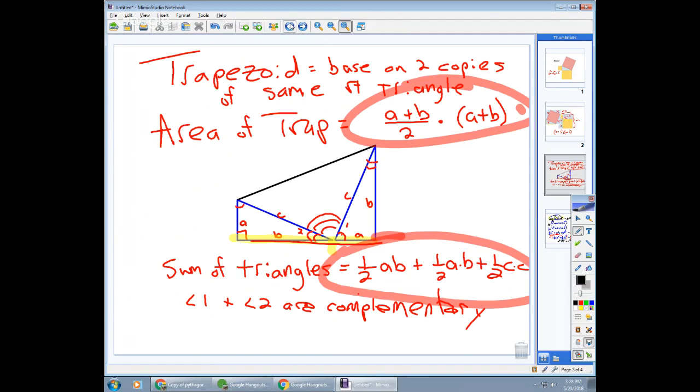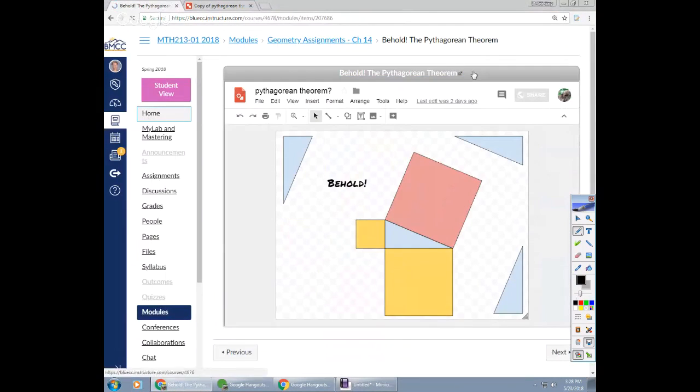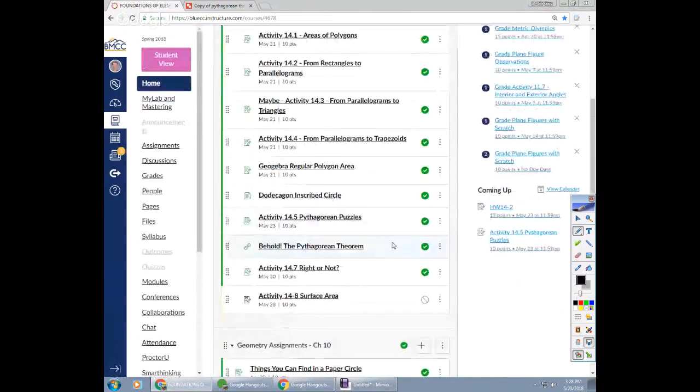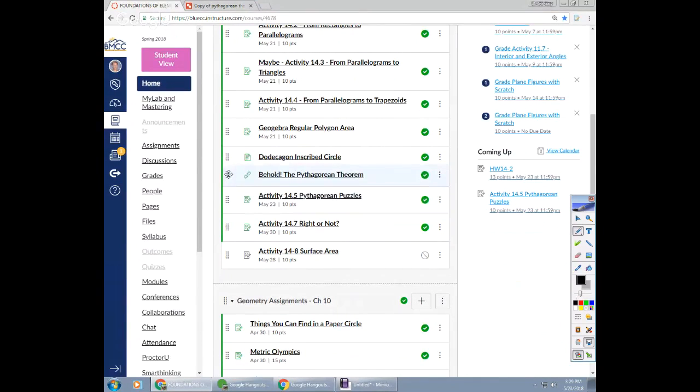All right, next, we have a couple of activities to look at. On the course website, I posted that we're going to do activity 5 and activity 7. I guess these are out of order.